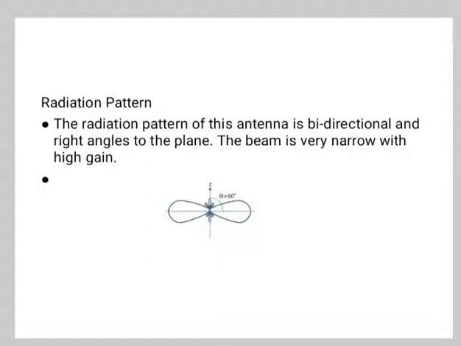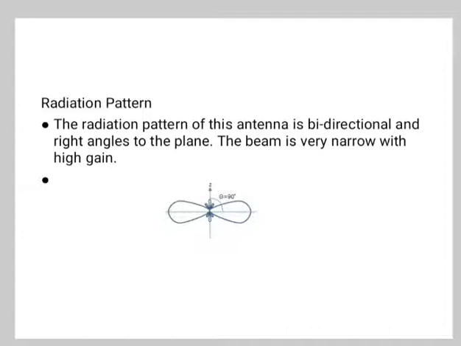Hence the radiation pattern of the antenna is perpendicular to the axis on which the array exists. So the broadside array is strongly directional at right angles to the plane of the array. However, the radiation in the plane will be very less because of the cancellation in the direction joining the centers.